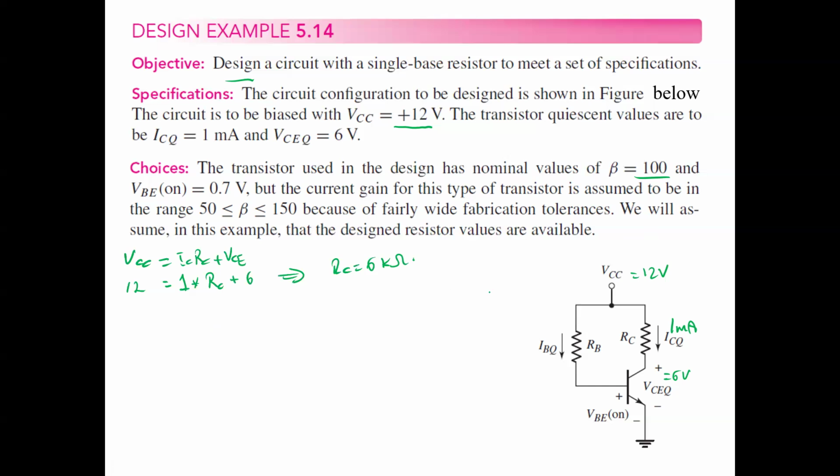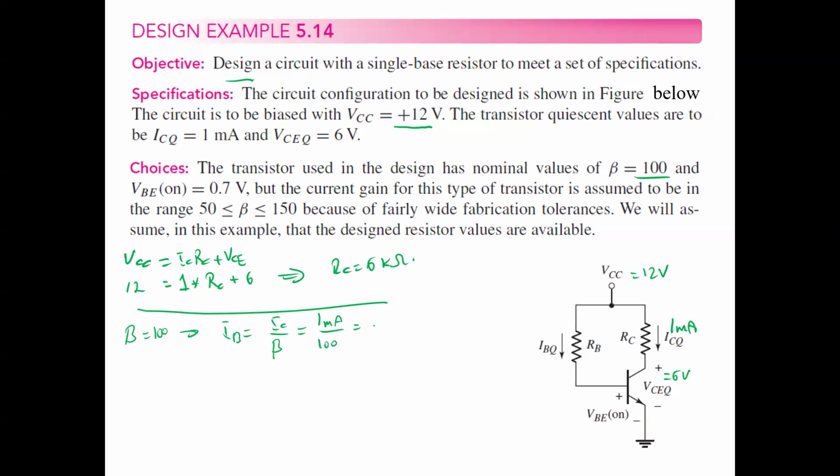The second relation we need to use is the input side circuit. From here, we need to know what is the value of R base. We can do the same calculations as we mentioned, but firstly, we need to know the current I base. So if we assume beta equals 100, this means our I base will be I collector divided by beta. So I collector is 1 milliampere divided by 100.